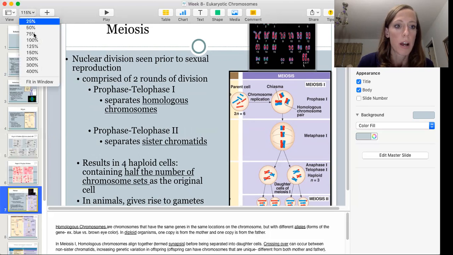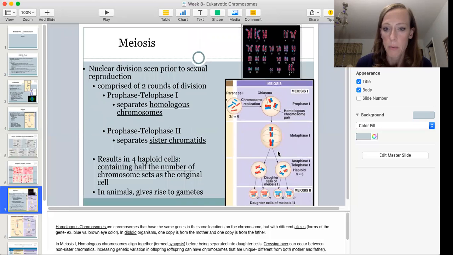Okay, so I will just make this a little bit smaller again to show you. Again, let me back up a little bit. During meiosis 1, the homologous chromosomes are separated into two daughter cells. So you still have the sister chromatids together, okay, but you've got two daughter cells, and then there's a whole another round of prophase through telophase. This is meiosis 2, where the sister chromatids are separated.